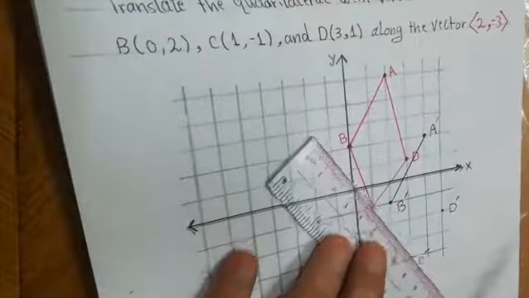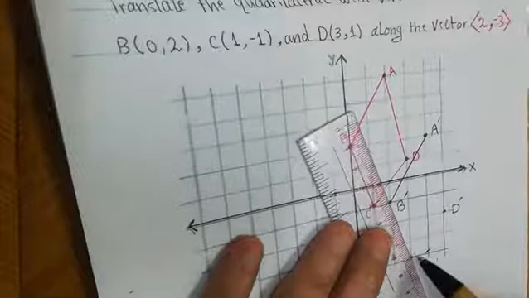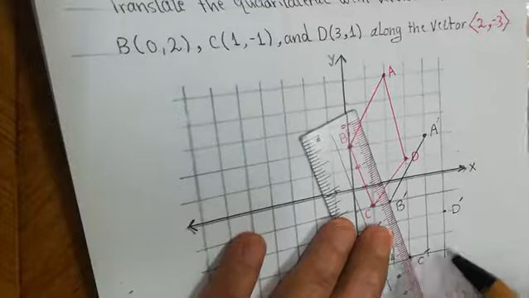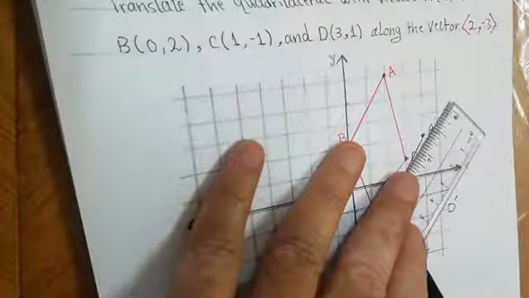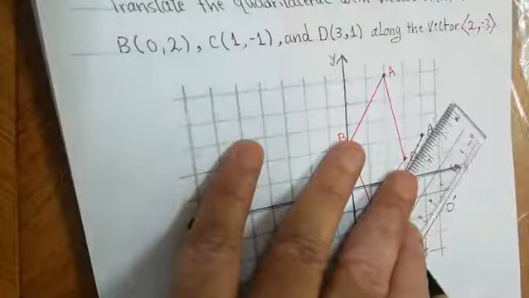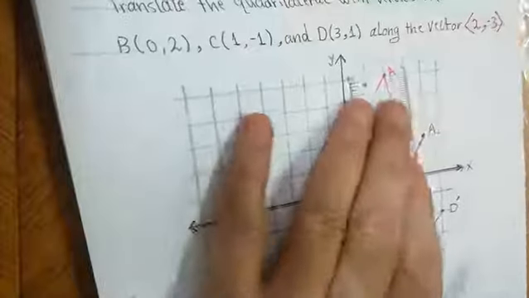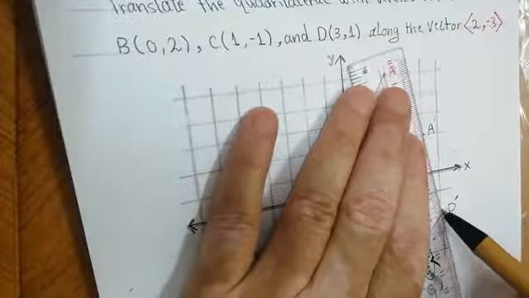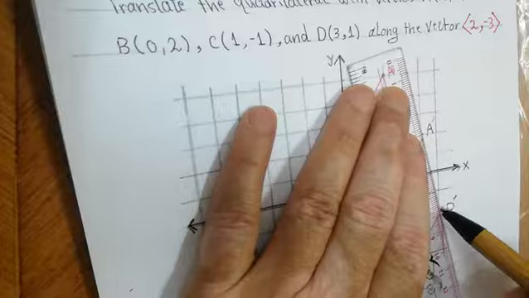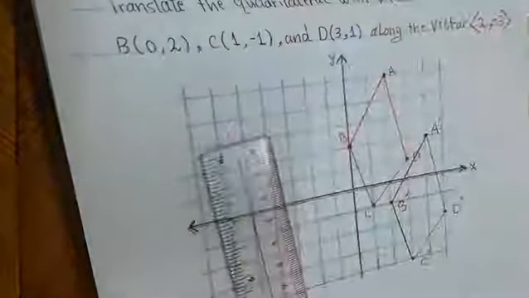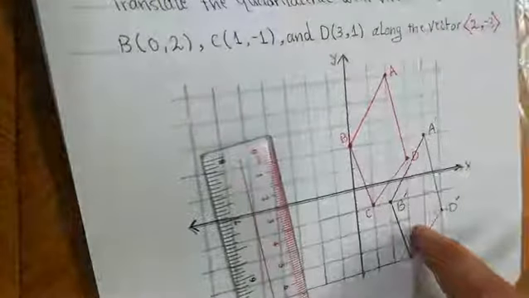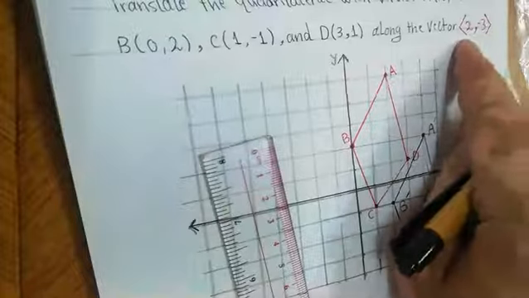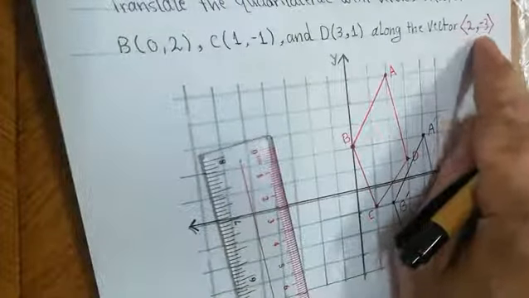I will draw it in black. So this is the image of this quadrilateral by the given translation along this vector, which is (2, -3).